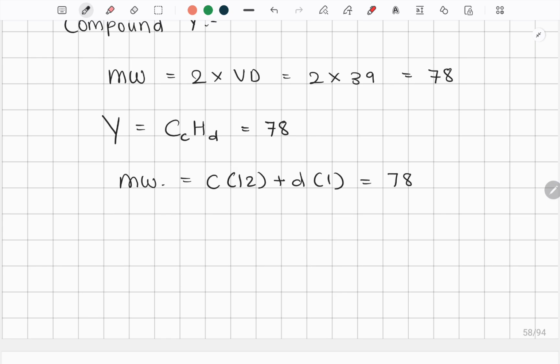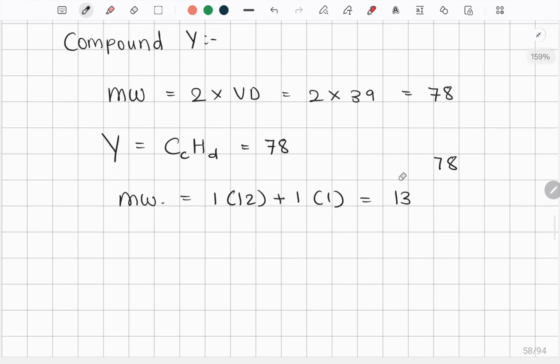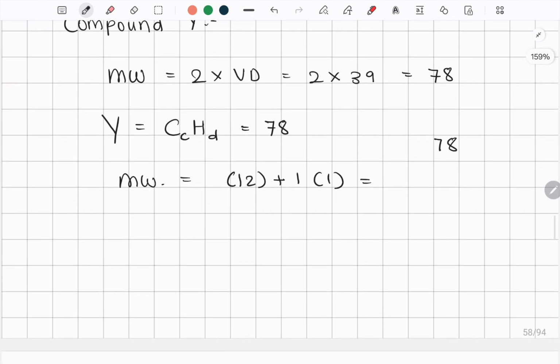If I put 1 on both sides, it is only 13, so it's not right. What if I put 2 on both sides? It's 24 plus 2, which is 26. So 2 is also not the correct answer.